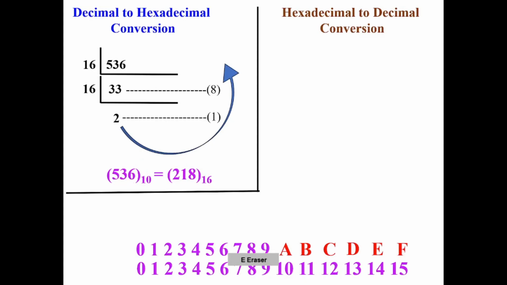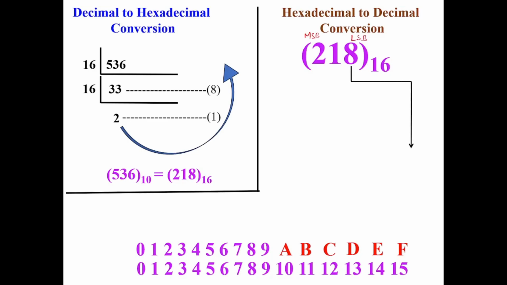Now we are going to verify it. We consider 218, the hexadecimal number, and convert it to decimal. This is the LSB, the least significant bit, and this is the most significant bit. The least significant bit is multiplied with 16 to the power 0.